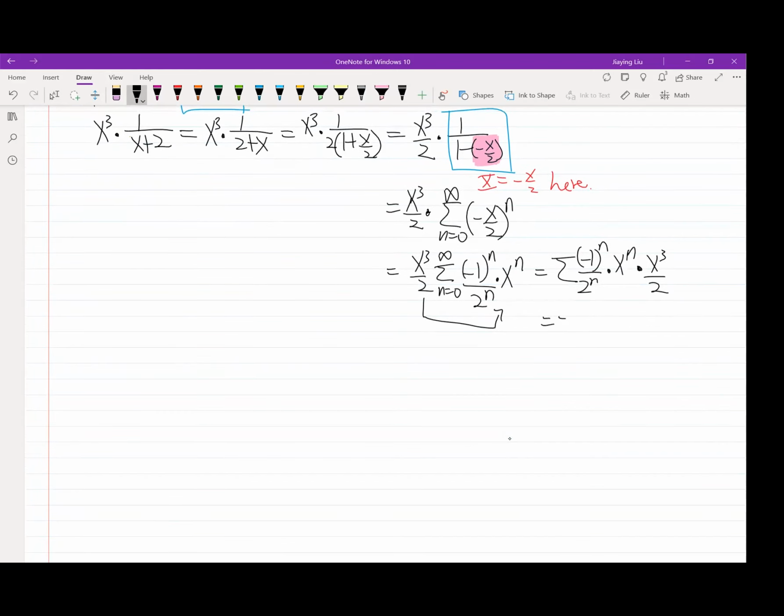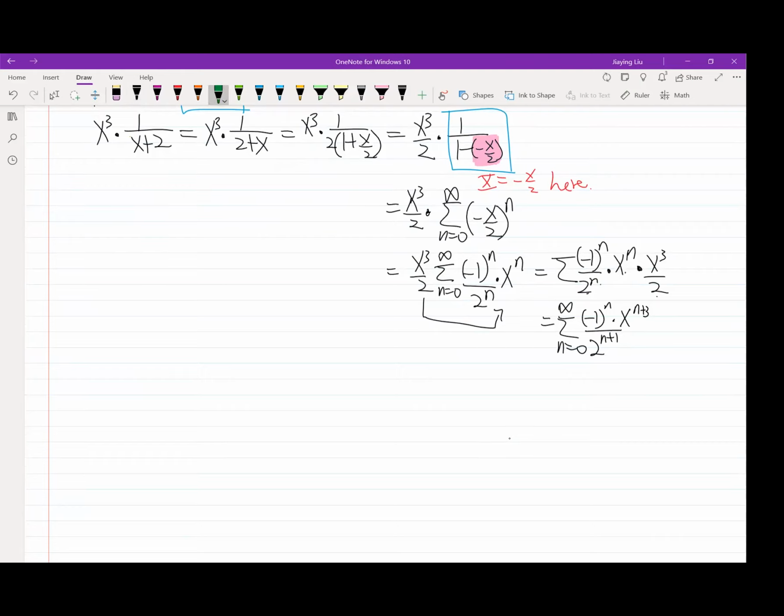So that becomes sigma n from 0 to infinity. Negative 1 to the n is just negative 1 to the n. 2 to the n multiplied by another 2 in the denominator, so that's 2 to the n plus 1. x to the n times x cubed, so that's x to the n plus 3.